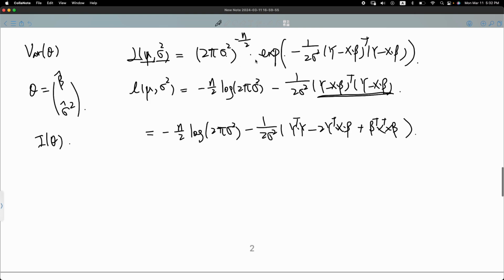So here I'm just writing down the multivariate normal, taking the log transformation, and expanding the quadratic terms.